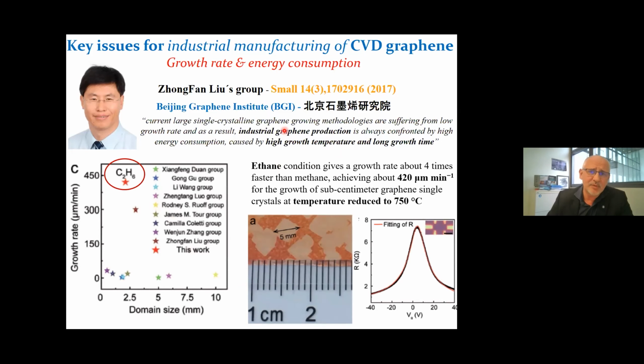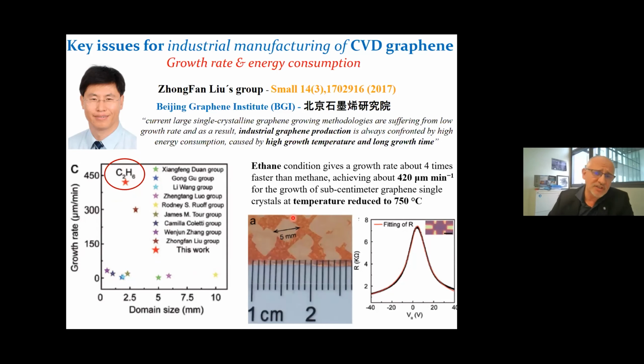This is an example from the group of Zhongfang Liu at the Beijing Graphene Institute, where he developed a different type of process using ethane, and he could demonstrate that he could reduce the temperature down to 700 degrees C compared to the state of the art.